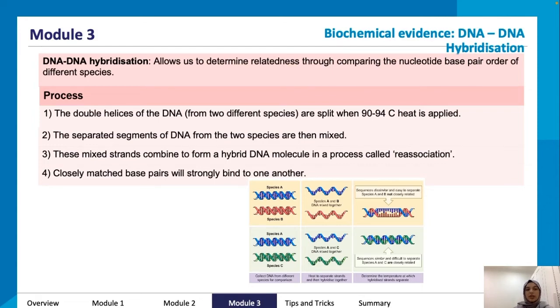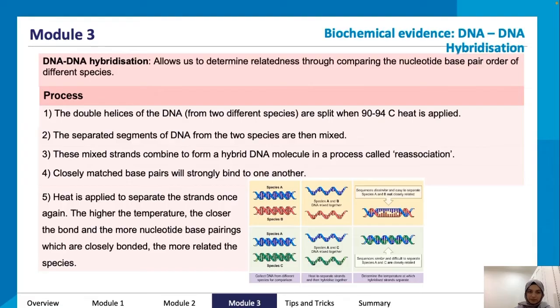Closely matched base pairs will strongly bind to one another. Okay? So heat is applied to separate the strands once again. The higher the temperature needed, the closer the bond. The more nucleotide base pairings which are closely bonded, the more related the species are.